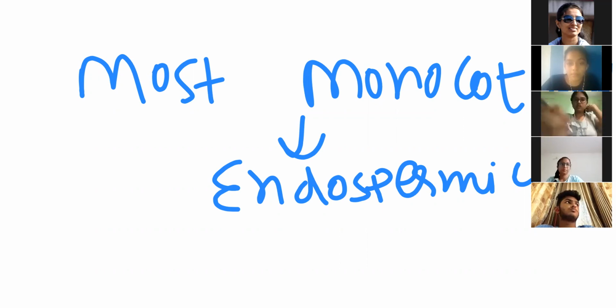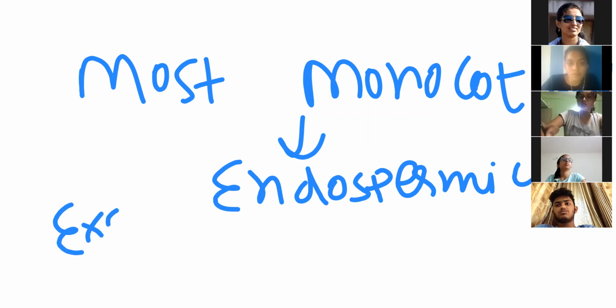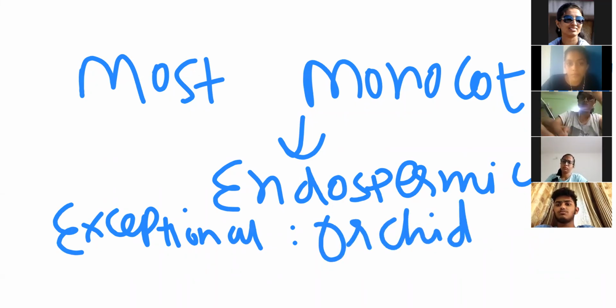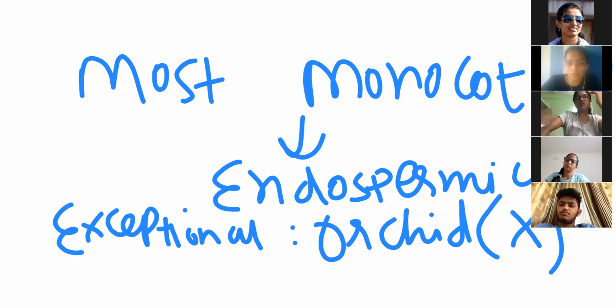Next, the exception. Which one is the exception over here? Orchid. Orchids are monocot seeds, but they have no endosperm at maturity. Most monocot seeds are endospermic, but orchid, though a monocot, has no endosperm at maturity.